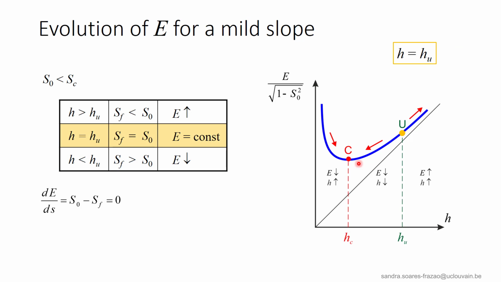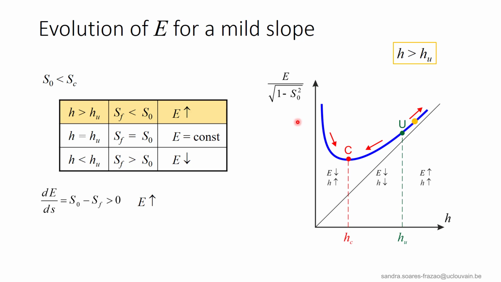In the case of a uniform flow, SF is equal to S0, which means that the specific energy remains constant. So the flow depth will always remain constant and equal to the normal depth. This shows again that the uniform flow is a stable or an equilibrium situation.